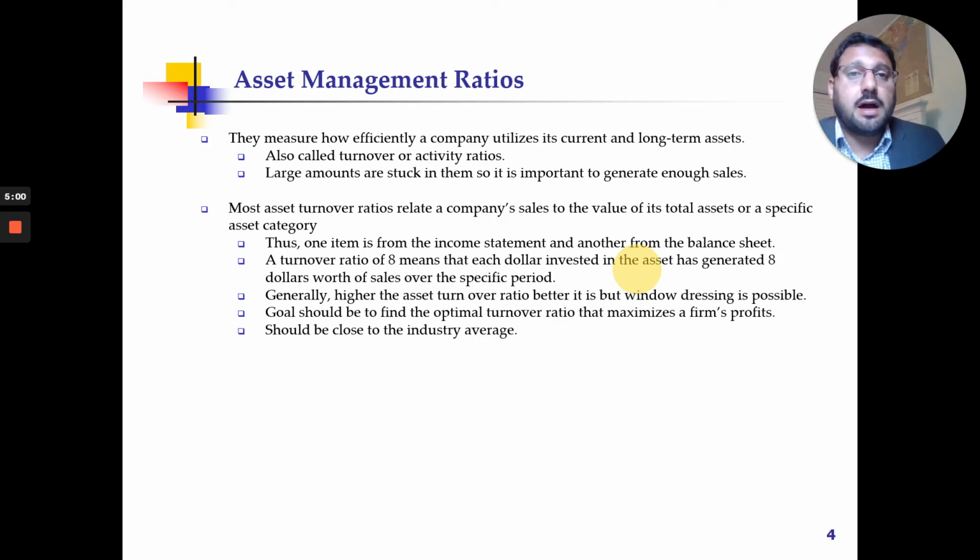For example, if the company wants to show that they are generating a lot of sales from their current level of inventories, they might deliberately decrease the level of inventories near the end of the fiscal year, or select a fiscal year end when the level of inventories is already low, and they might have just recently sold a lot of inventories, but throughout the year there are a lot more inventories sitting in their warehouse.